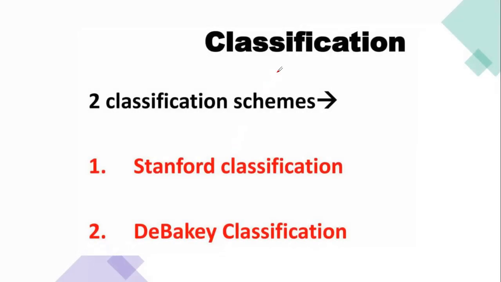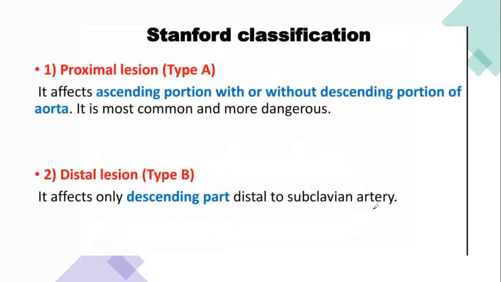Now, classification. These dissections are classified using two classification schemes, Stanford or DeBakey. Under Stanford, it can be either type A or type B, depending on where the lesion is. If the tear occurs in the ascending aorta or within the arch of the aorta, that will be type A. It is the most common and more dangerous.